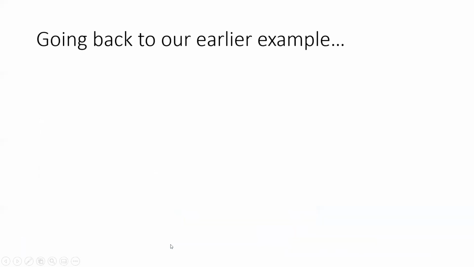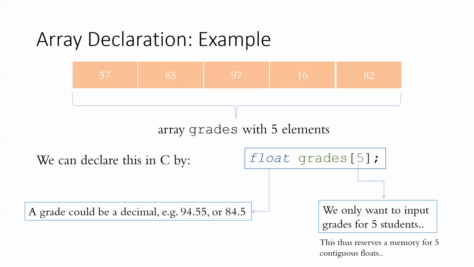Right. So going back to our earlier example, we want to declare an array of grades with 5 elements. These 5 elements refer to the grades of the 5 students that we want to store, or let's say compute. We can declare this in C by this statement. First, you have to specify the type.